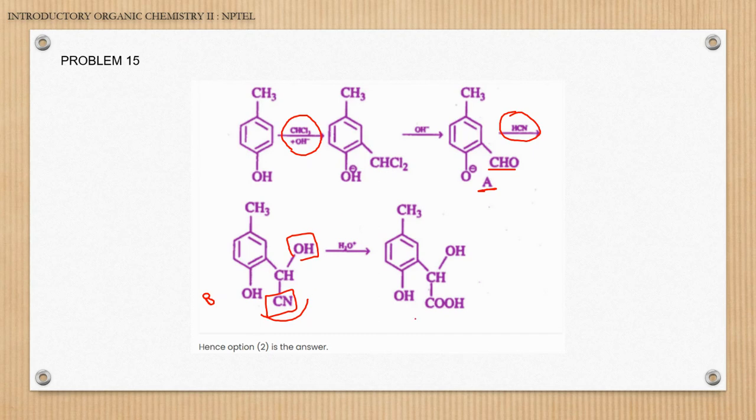So after hydrolysis, you will generate a chiral carboxylic acid. How chiral? This carbon is connected to four different groups. That is why we are saying that it is a chiral carboxylic acid. This is the chiral center. So now this will be your product.